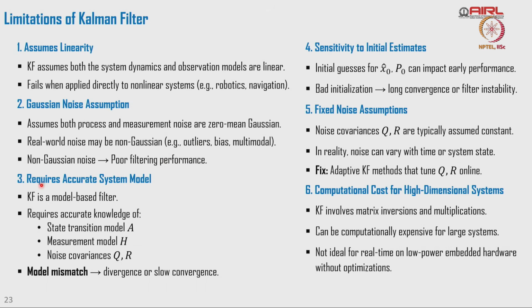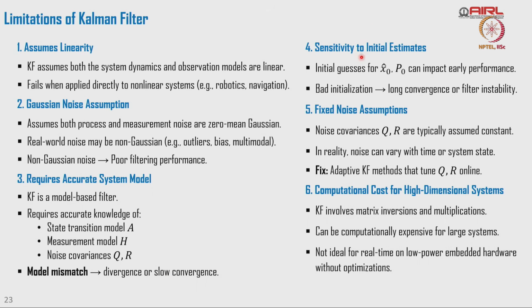Number 3 is that it requires an accurate system model. The Kalman filter is a model-based filter, right. It requires accurate knowledge of the state transition model A, the measurement model H, and the noise covariances Q and R, right. Model mismatch leads to divergence or slow convergence.